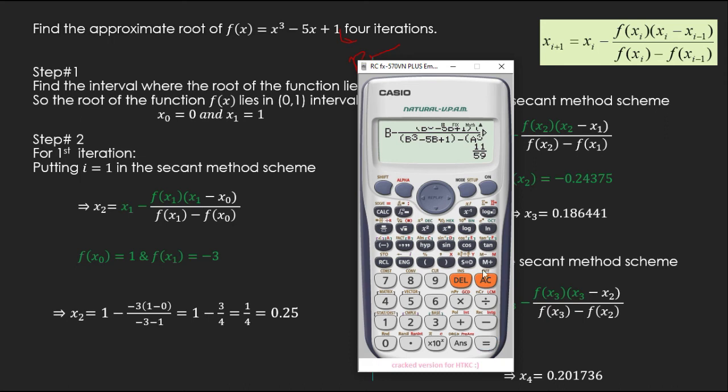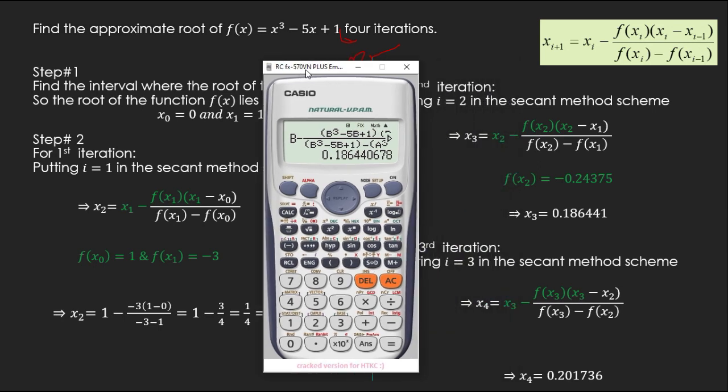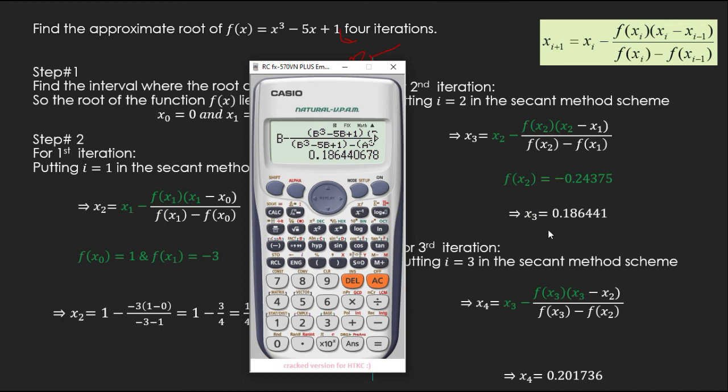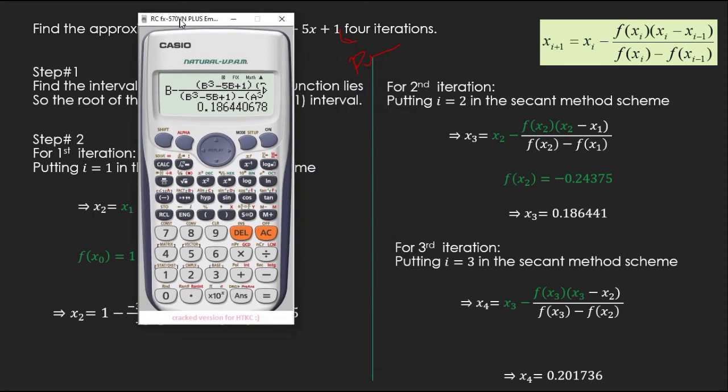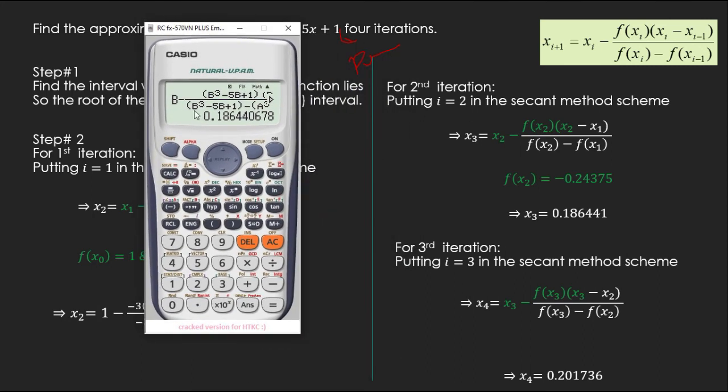After pressing the equal button, you will get your second iteration, which is x3 is equal to 0.186441. For the third iteration, you need to substitute the values of x2 and x3.